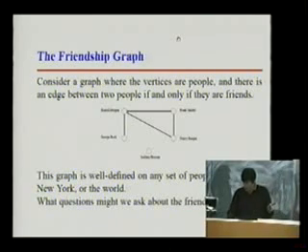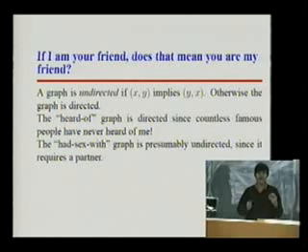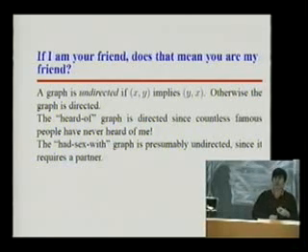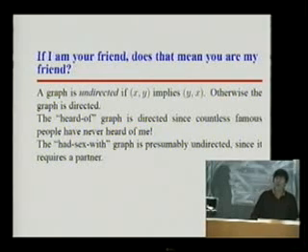Now, not all relationships are like that. The question of whether, if I'm your friend, you're my friend, is a question about directed versus undirected graphs. The friendship graph, we would like to think, is an undirected graph. If I'm your friend, you should be my friend. That's what friends are for, right? What about the heard-of graph?